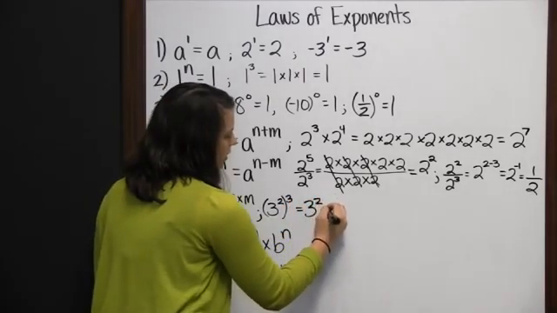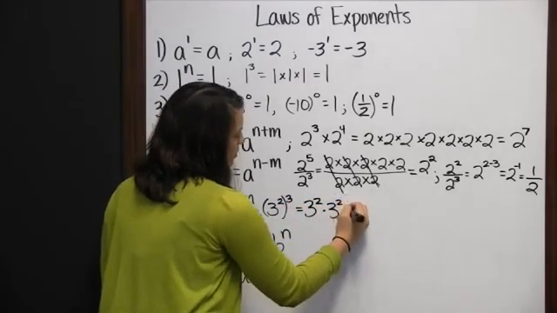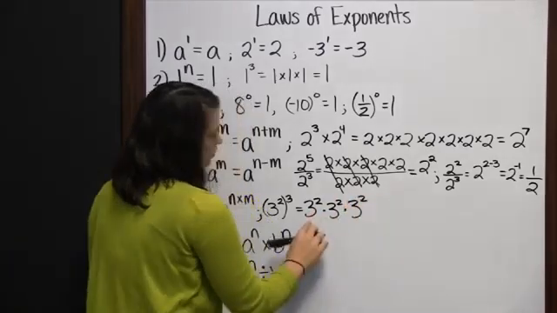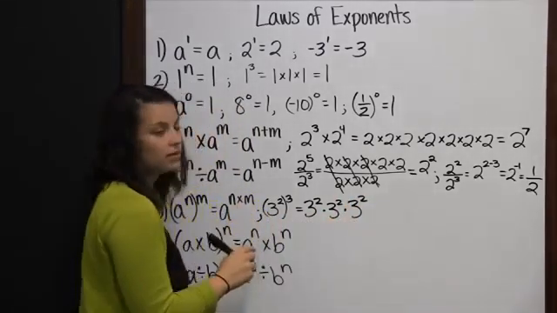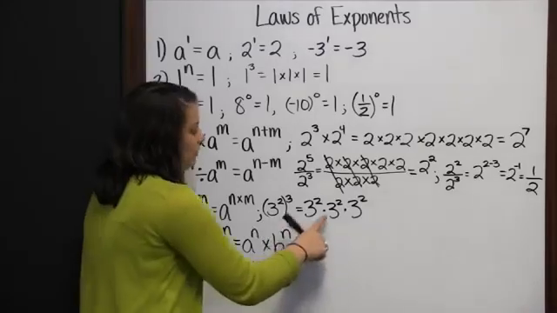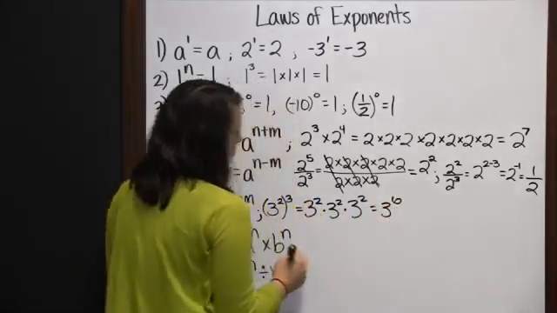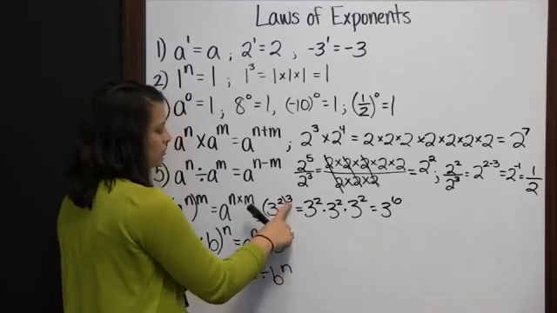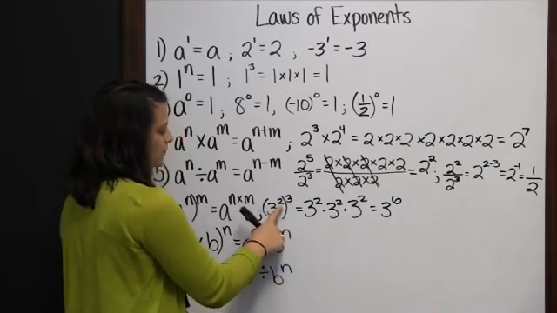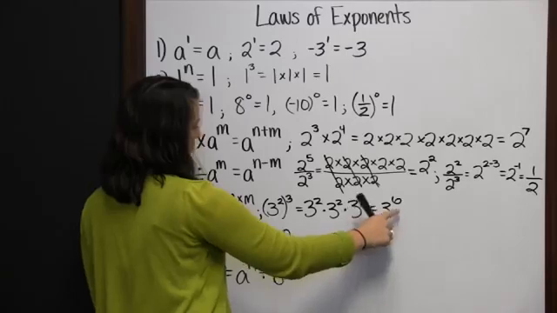So that's 3 squared times 3 squared times 3 squared, which is 3 to the 6th. So all you have to do is multiply your exponents. 2 times 3 is 6, 3 to the 6th.